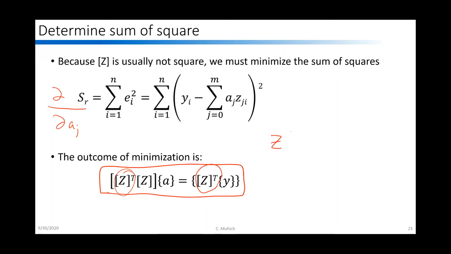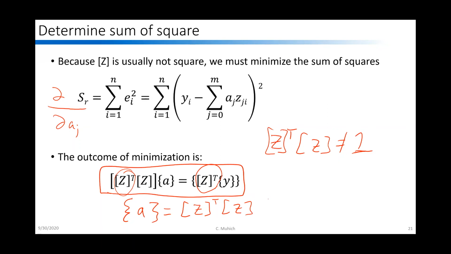So once I have this, now I'm ready to go ahead and do my linear algebraic solution. Remember, z transpose z is not equal to 1. That was z inverse z would be equal to 1. So what I have to do is take a, and then I can do my back division, times what's on the right-hand side of that equation.